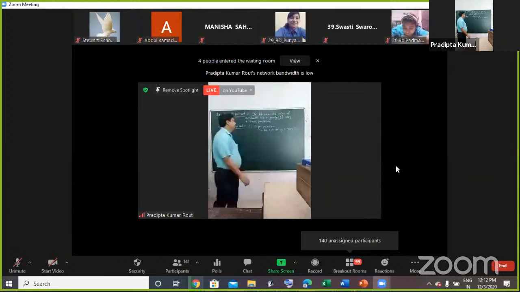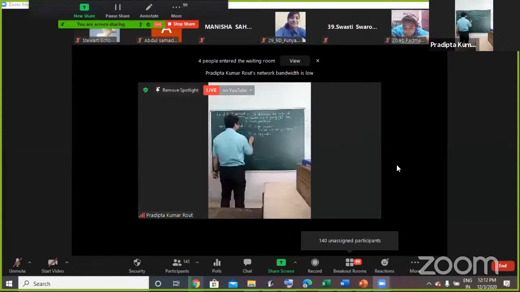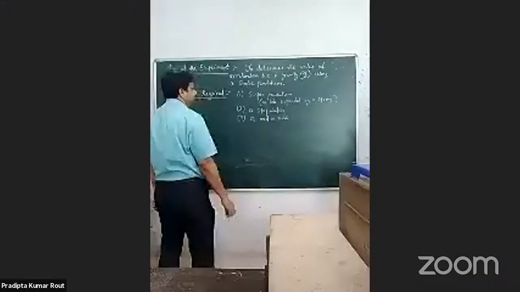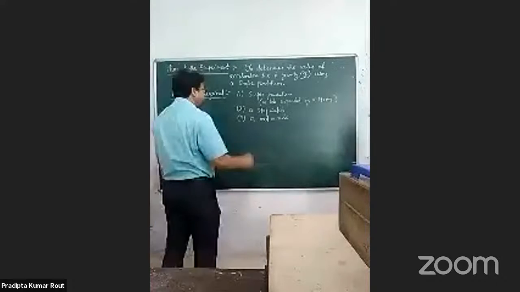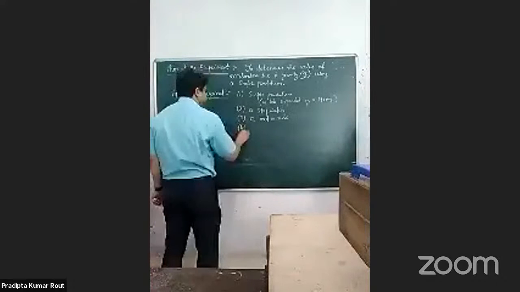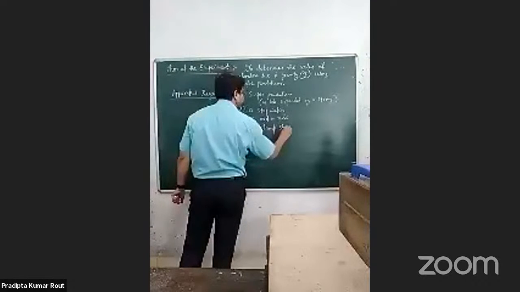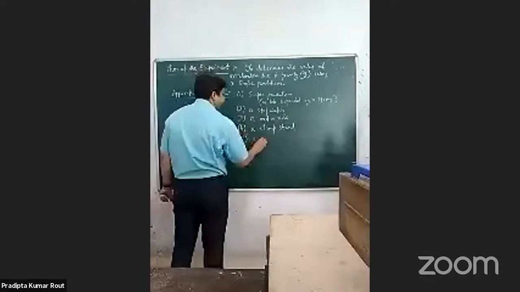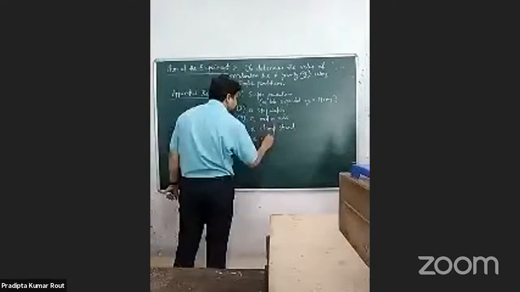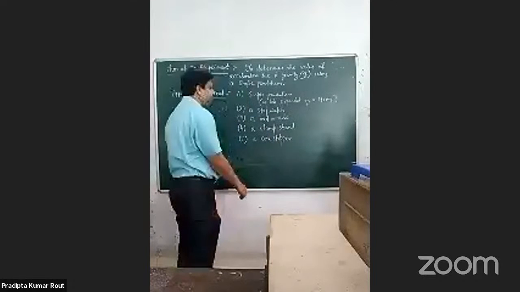You need a stopwatch. You need a meter rule, meter scale you can say. And a clamp stand, and a cork stopper. These things we are going to use in this experiment.